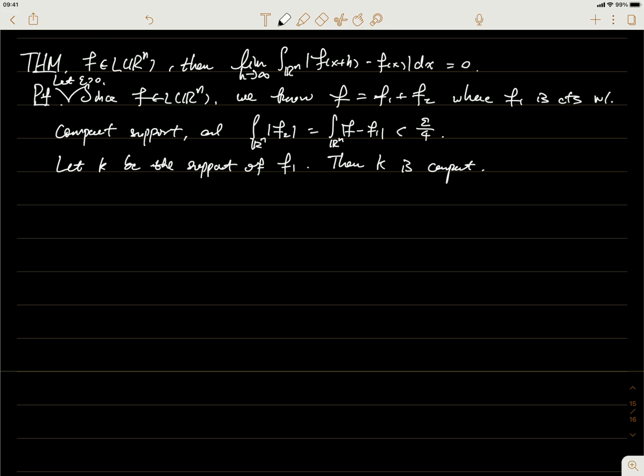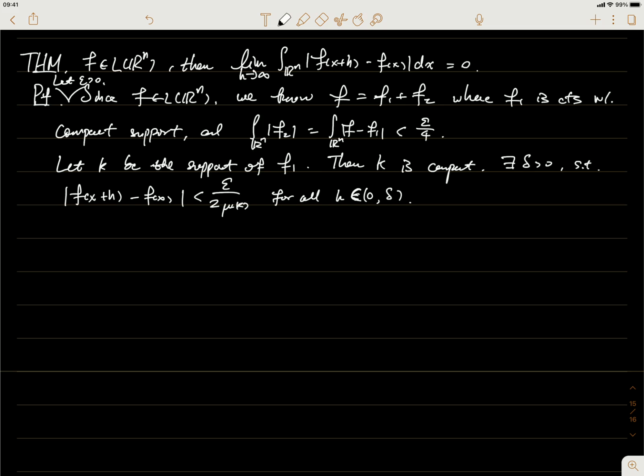And also f1 is uniformly continuous on k, which means that there exists some delta such that |f1(x+h) - f1(x)| is less than epsilon over 2 times the measure of k, for all h inside (0, delta).